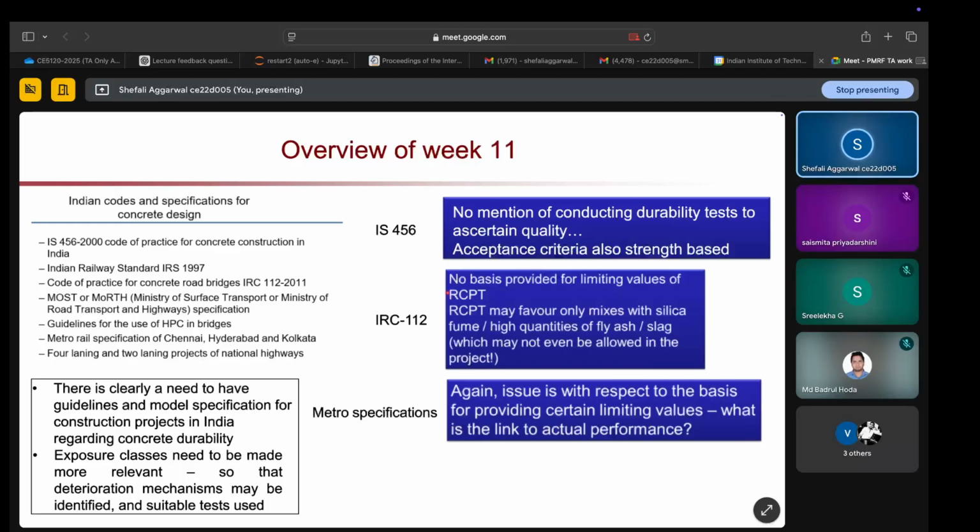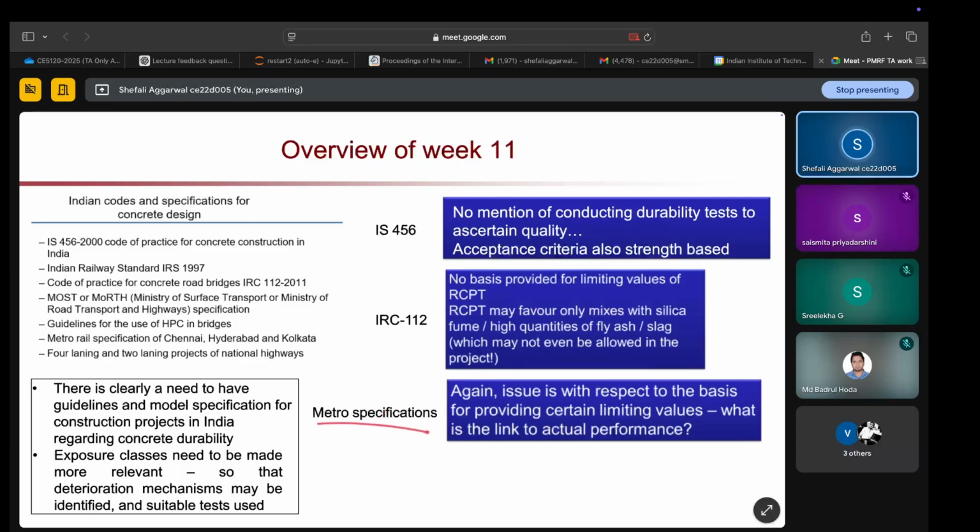Let's say if we have steel fibers in our concrete system, in that case you can't use RCPT as a determining factor. Any idea why we can't use RCPT for fiber reinforced concrete? Okay, when we read about RCPT, we will cover that part.